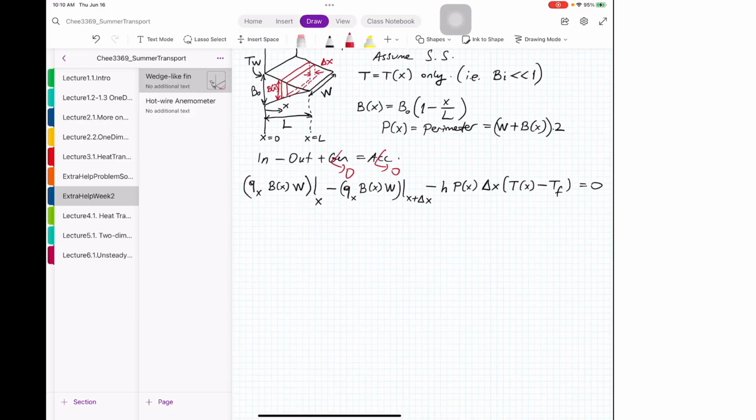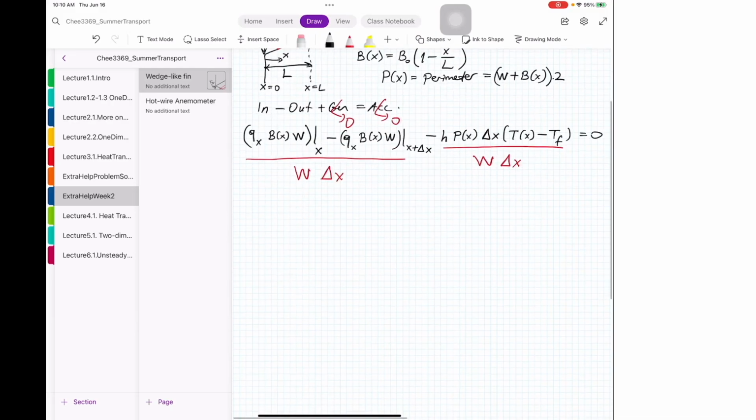Let's simplify this equation by dividing by W and delta x. We can plug in the p of x later. W is not a function of x, so it can cancel.